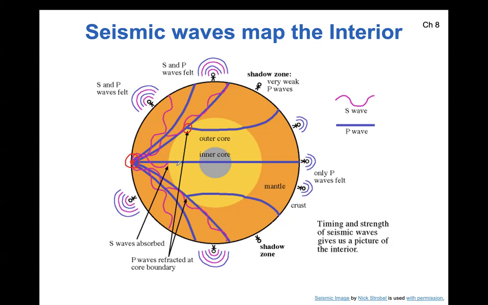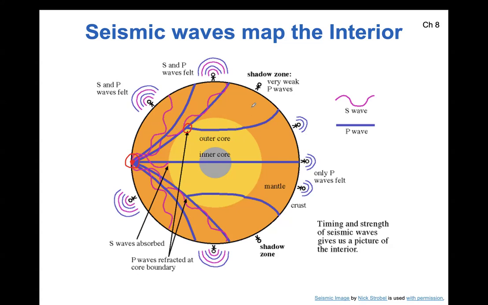And that's because the outer core must be a liquid. An S wave can't travel through it. It's got to be a liquid. All right. And only the P wave can. That means that on the far side of the planet, P waves are experienced, because they can make it all the way through, but there are no S waves to detect because none of them would have made it to the outer core.